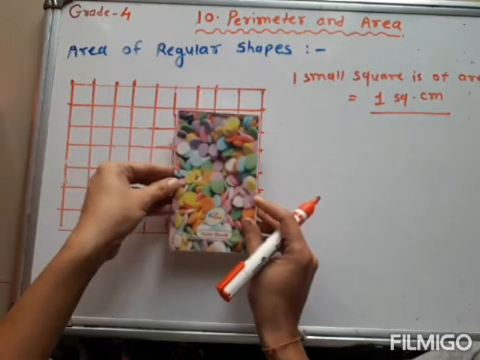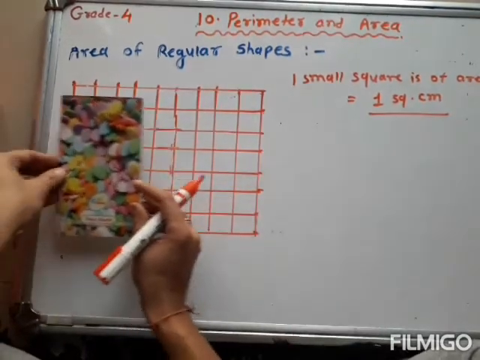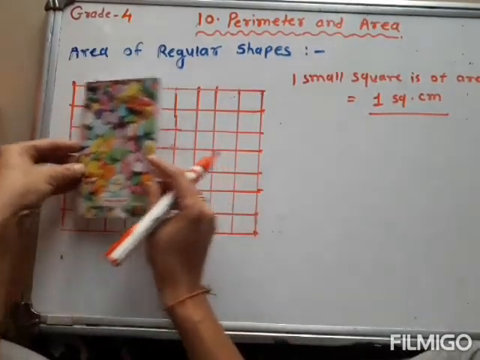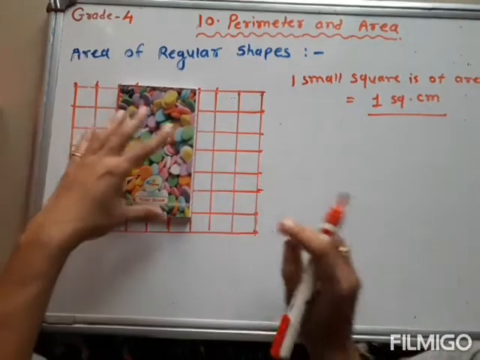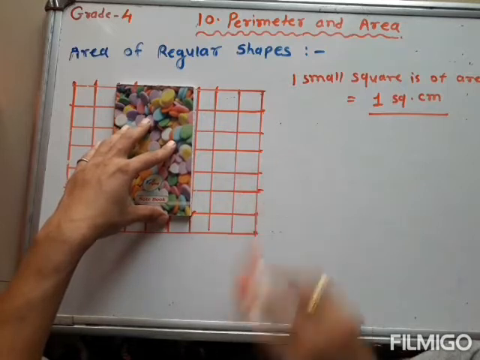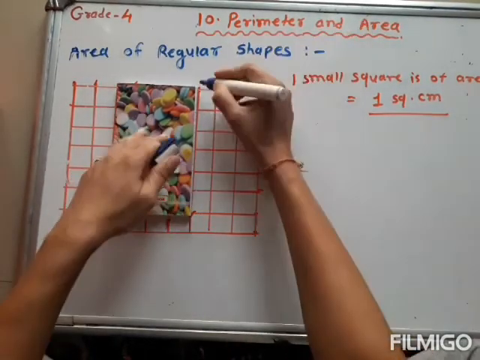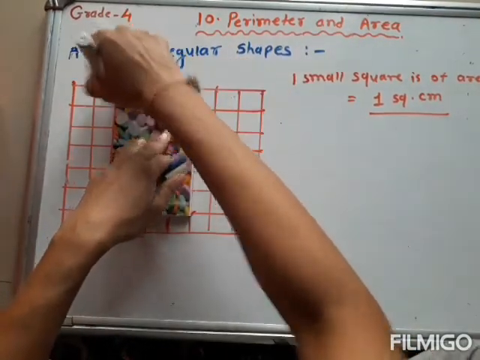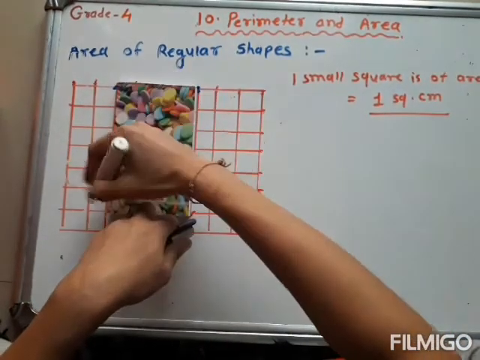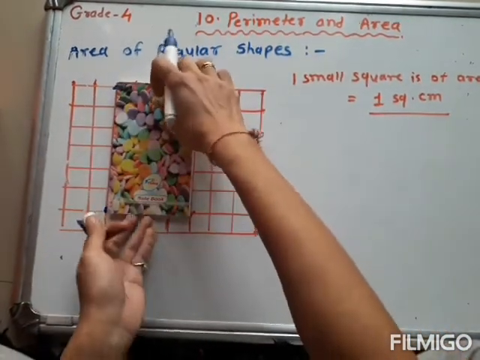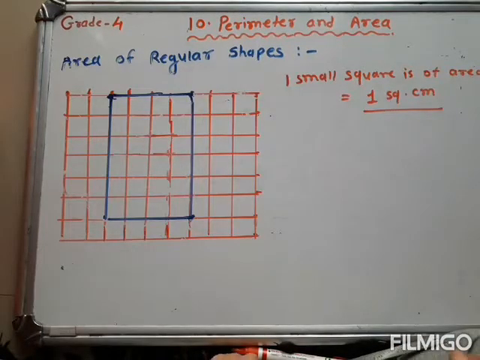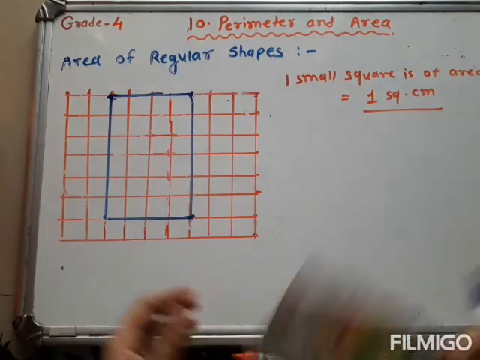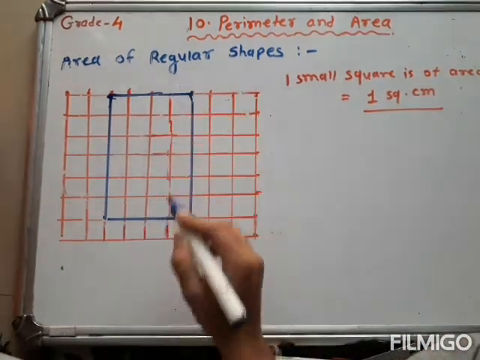Now we put this diary on this square paper. Now we get the points here: this is 1, this 2, this 3, and this is 4. Now we find the area of this diary. How many squares are here?